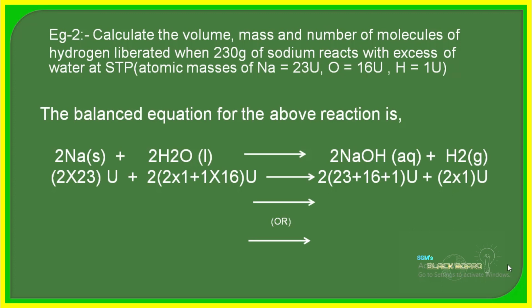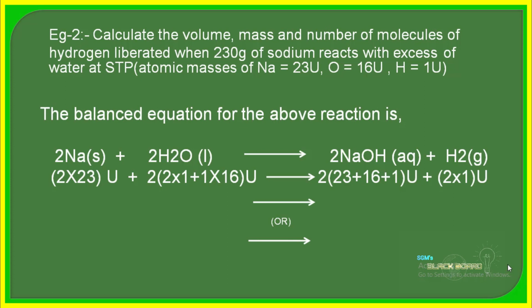Let us calculate their masses. Here two sodium atoms are taking part in the reaction, and each sodium atom has 23 units of unified mass. So 2 into 23 units, plus 2 into the water molecule, which consists of 2 hydrogen and 1 oxygen. Hydrogen mass is 1 unit, oxygen is 16, so 2 into 1 plus 1 into 16.